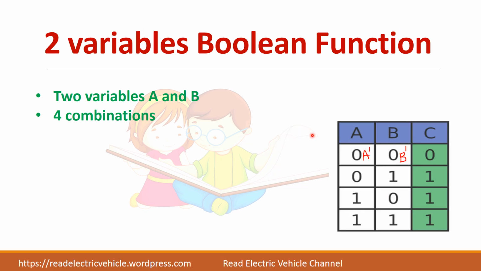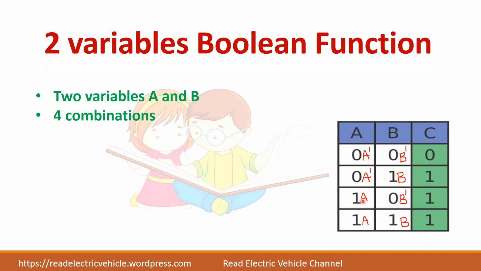So these 4 combinations, how are they written here? If A is 0, it is called A dash or A complement. And here B is 0, so we can write this as B dash. So again here A dash, this is B, and this is A and this is B dash. Here A and here B. So 4 combinations are available.